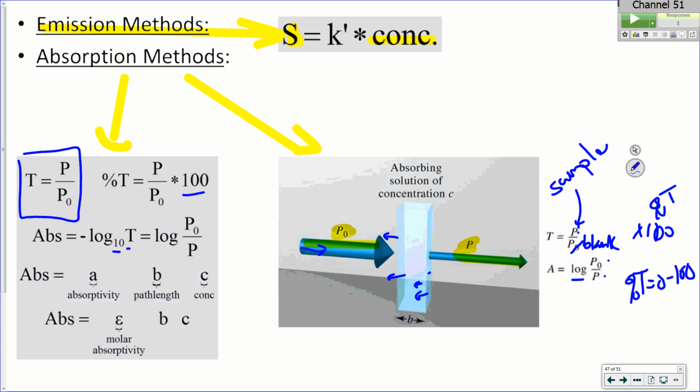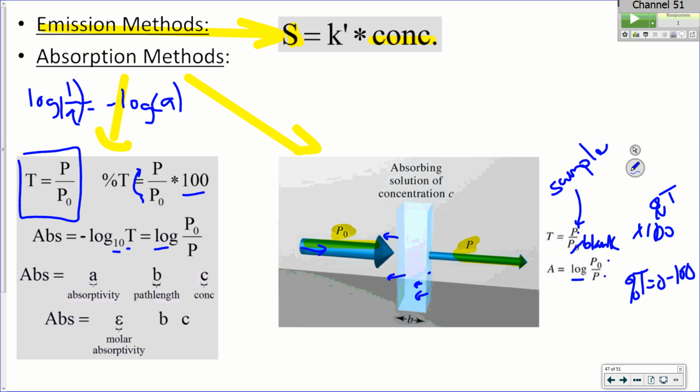If we apply our negative through, instead of P over P naught, that's the inverse function of a log: the negative log of A is equal to the log of 1 over A. So we can flip these around, and it's equal to the log of P naught divided by P.